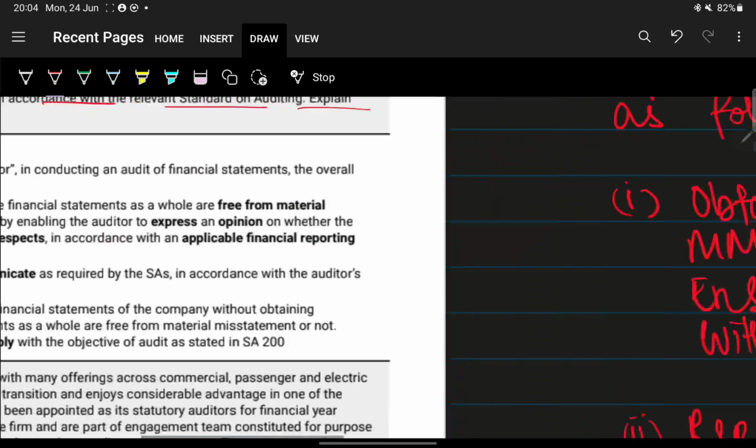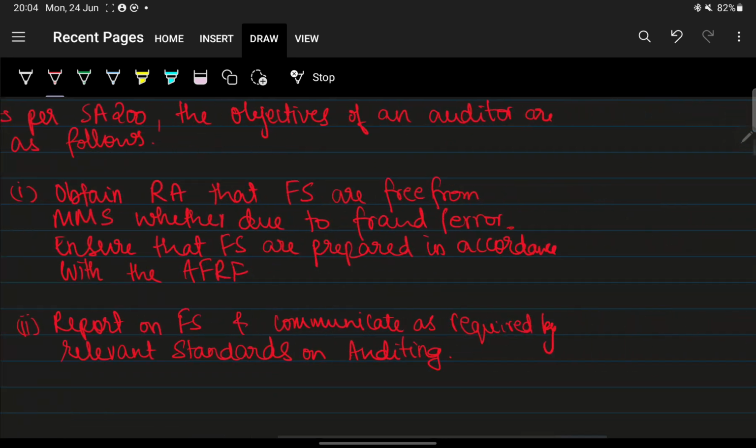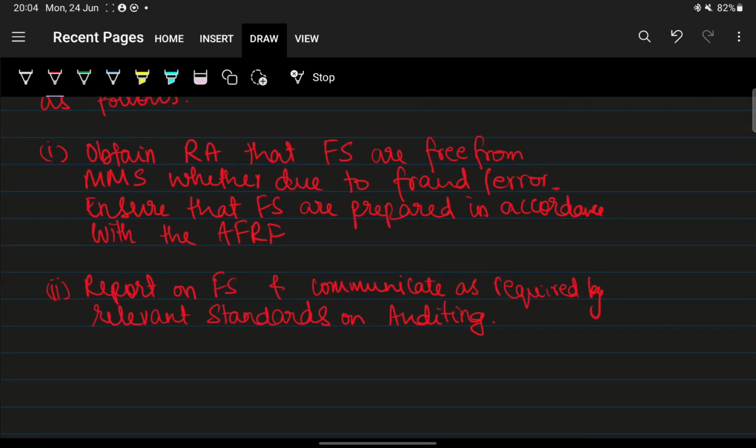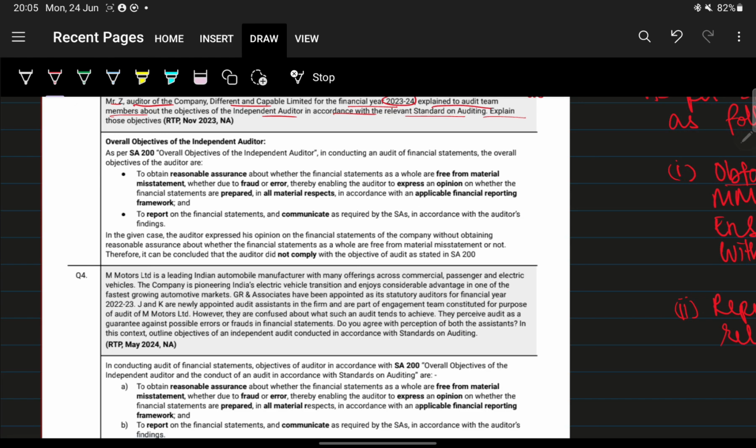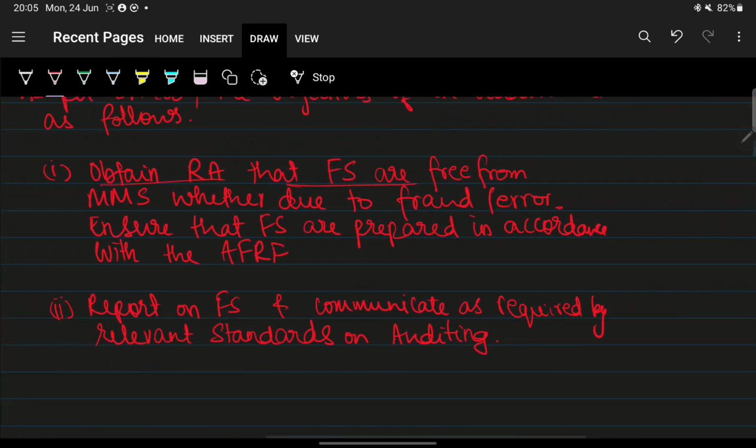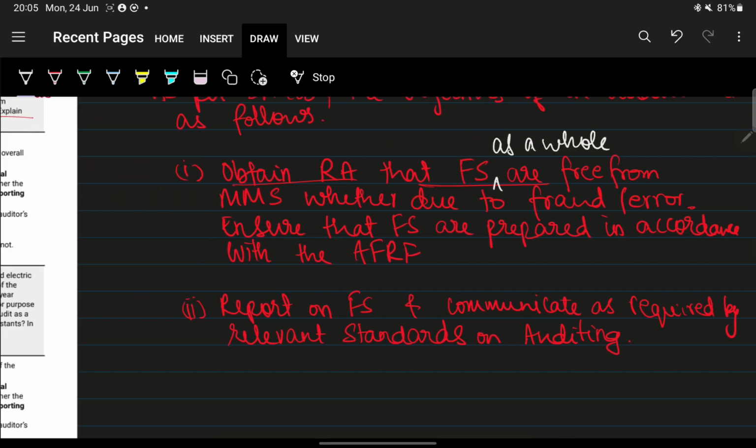I think we missed a few words here, but let's try to bring it as close. Financial statements as a whole are free from material misstatement, whether due to fraud or error, right?